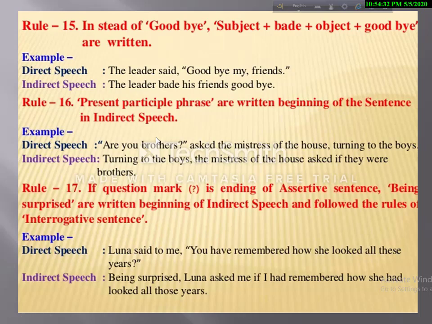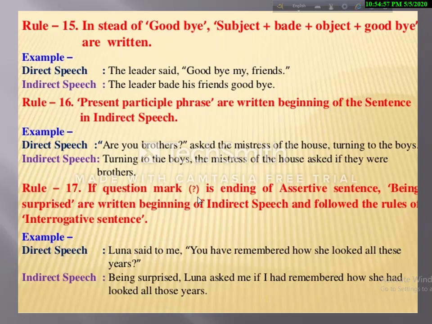Okay, last but not the least, rule 17. If a question mark is at the end of an assertive sentence, you will have to write being surprised. Very often you may get puzzled finding that the sentence is assertive but there is a question mark. Is it a wrong one?